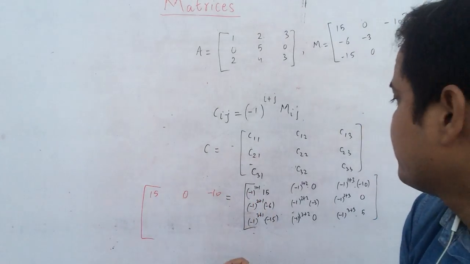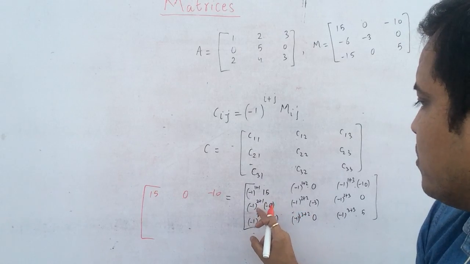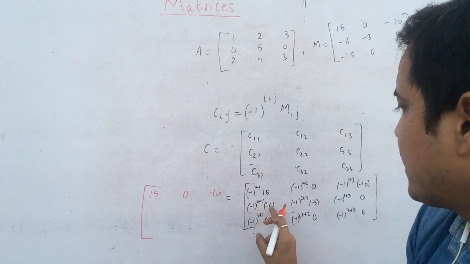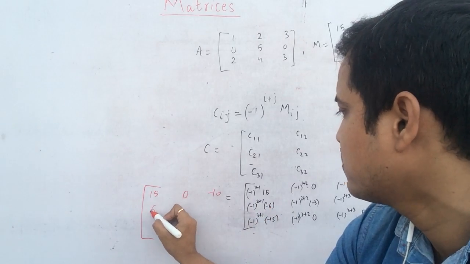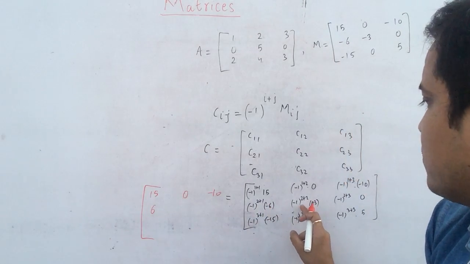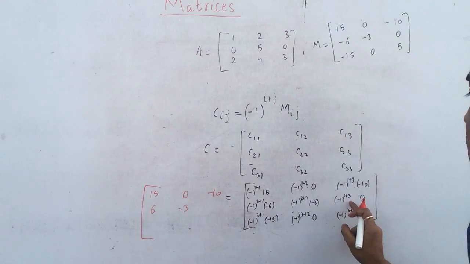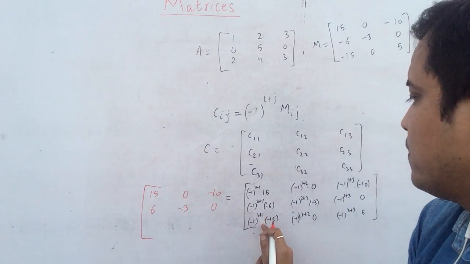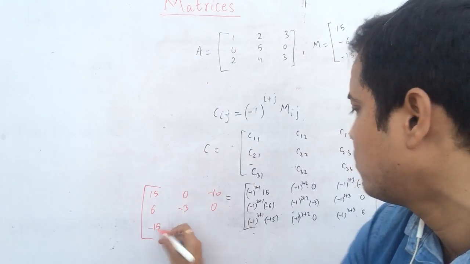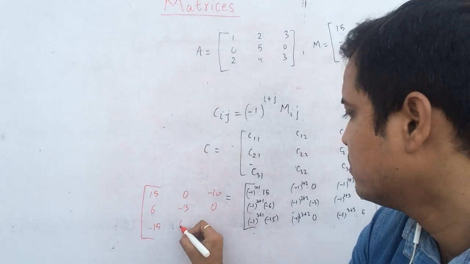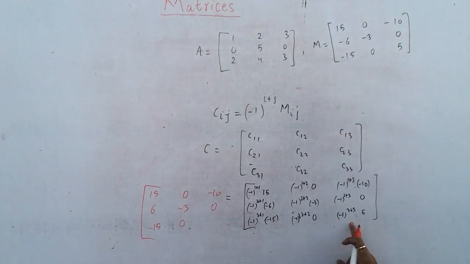Now odd power of minus 1 would be negative, negative and negative 6 will be positive. Again even power minus 3, same here, odd power 0, even power the same.